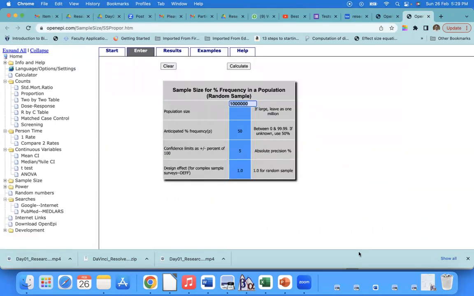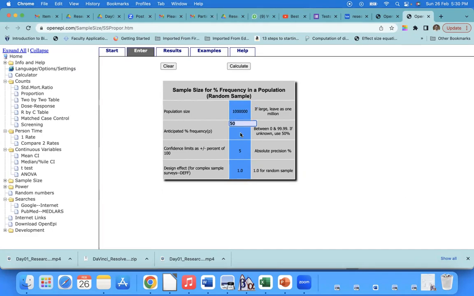In this case, you have to give the population size. If you are doing a study in a district, the total population will be more than 1 million, maybe around 1 million. So in that case, no need to change the population size; let it be 1 million. Then anticipated frequency.